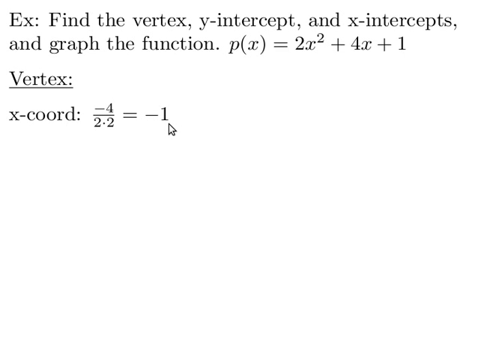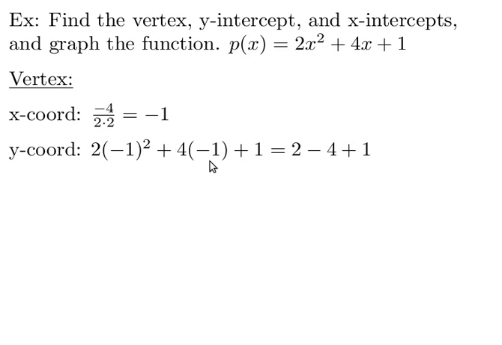Our y-coordinate is going to be evaluating this at negative 1. So we'll have 2 times negative 1 squared plus 4 times negative 1 plus 1. I got this by just putting negative 1 in for x. Negative 1 squared is just positive 1, so this gives you 2 for the first part, and then minus 4 plus 1.